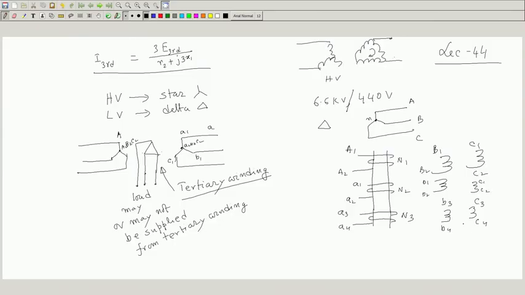So, you have 2 secondary coils and they need not be of the same turns. Depending upon your voltage requirement, you can decide what should be your N2; this is N1, this is N1, this is N2, this is N2 and this is N3.